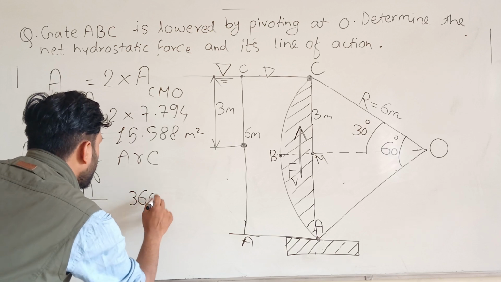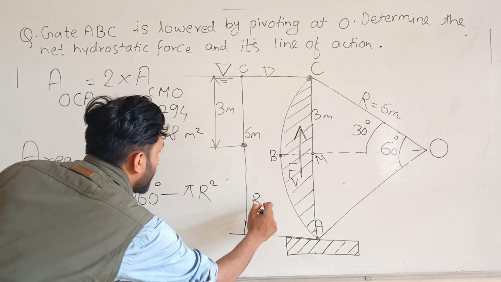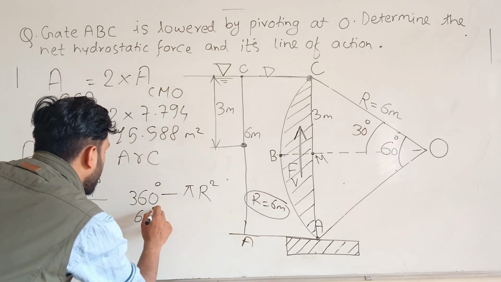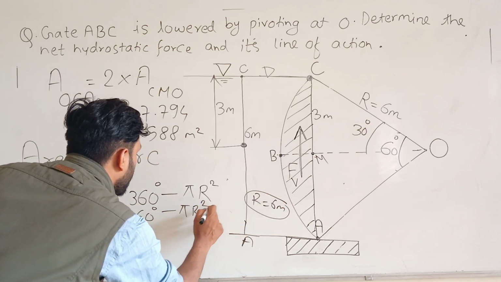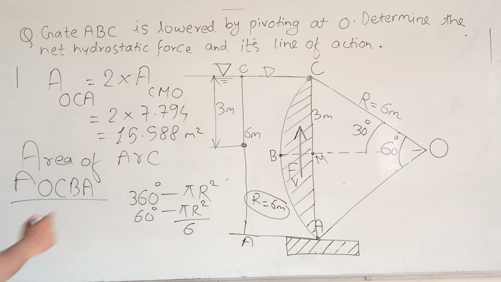If the angle is 360 degree, the area is pi r square. You can see r here is 6 meter. So when the angle is 60 degree, it is going to be pi r square by 360 into 60, that is pi r square by 6. This is the area of OCBA.